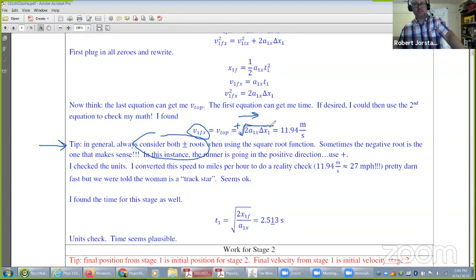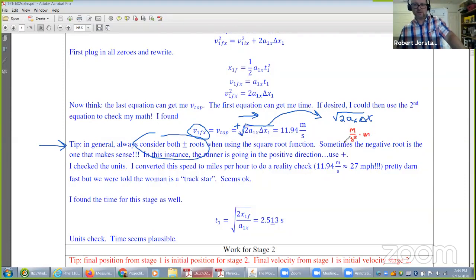I can check the units of this equation really quick. The square root of 2a delta x, I'm going to check the units before I plug in any numbers. This is the square root of meters per second squared times meters.